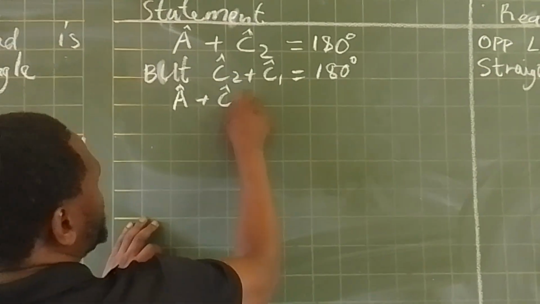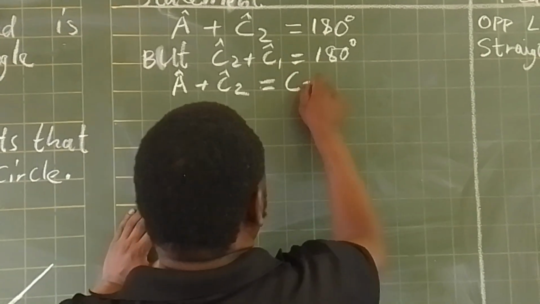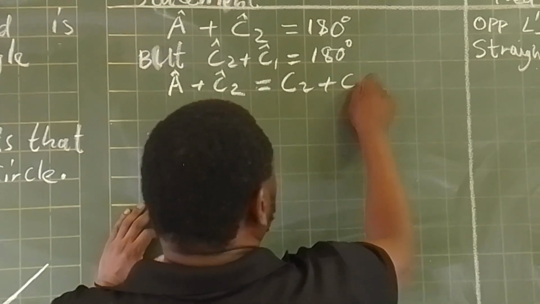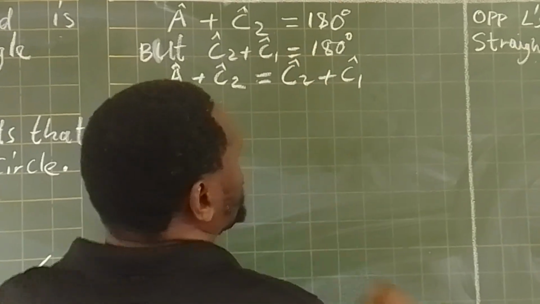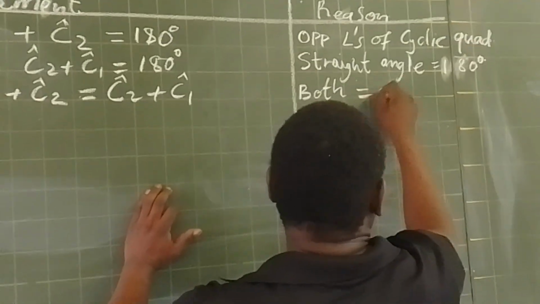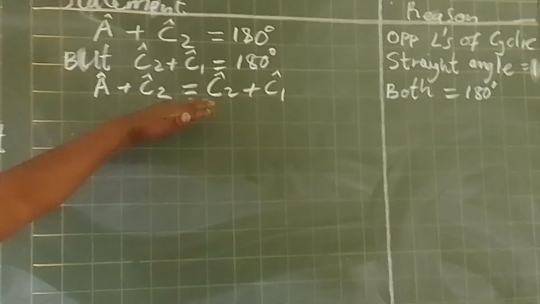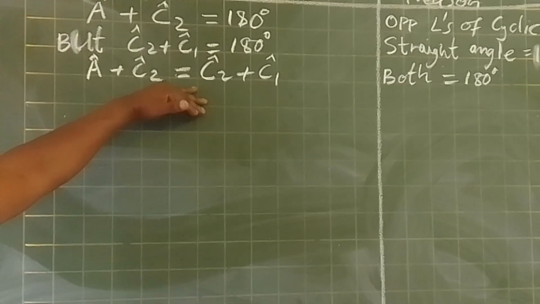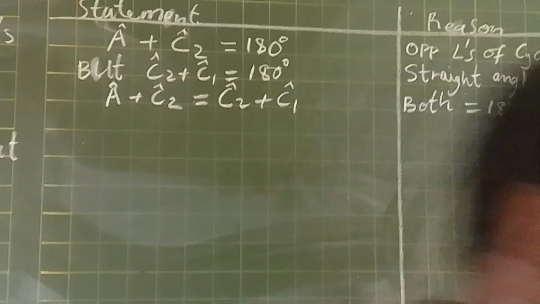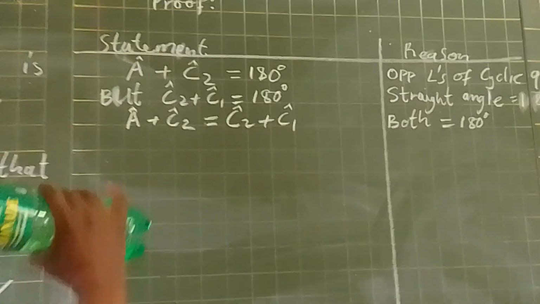Now we say A plus C2 is equal to C2 plus C1. The reason for that, they both equal 180 degrees. Now that they both equal 180, we can equate them. So when we equate them, that means they must be equal.